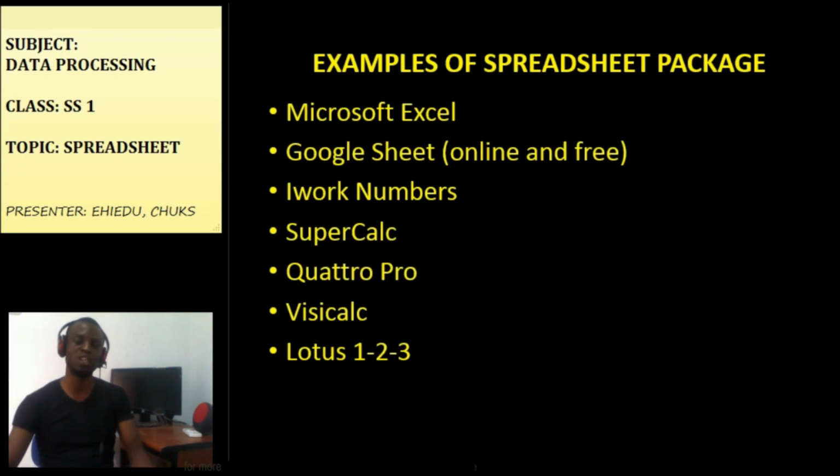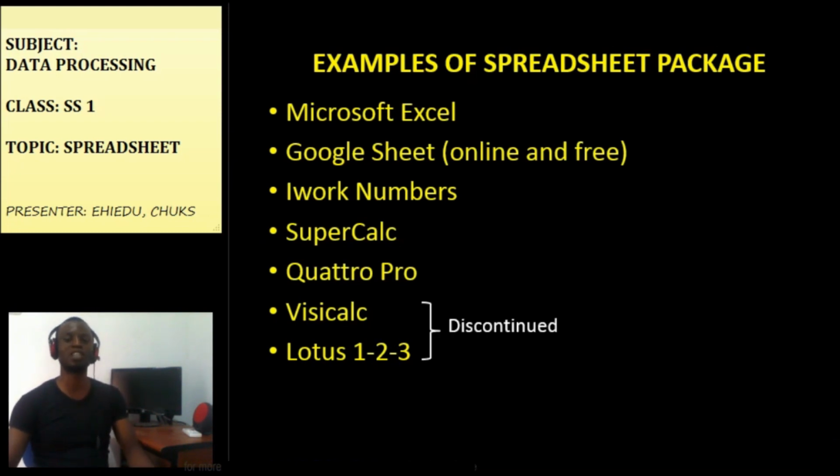When Lotus 1-2-3 came in, it was marketed as a 3-in-1 software, meaning that it could perform spreadsheet calculation, do database functions, and also produce graphs. So it was like a 3-in-1 function. That's why you have Lotus 1, 2, and then 3. Microsoft Excel came in and then replaced Lotus 1-2-3.